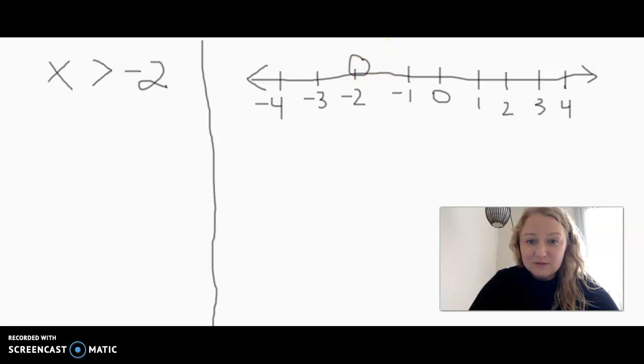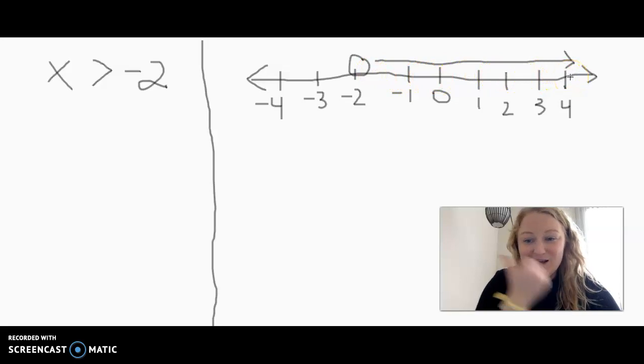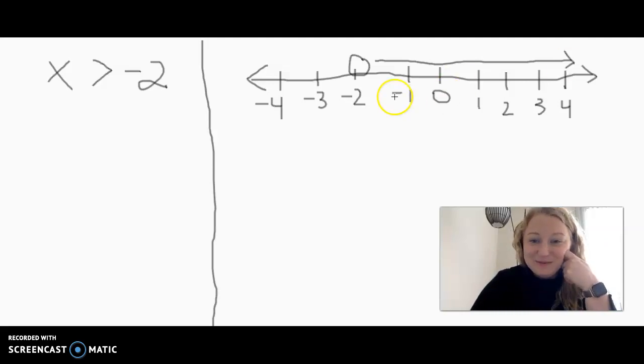Then I'm just going to make a line over all of the possible integers that x could be. So x is anything greater than -2. Remember, that arrow goes on and on forever. So it could be -1 or anything bigger than that.